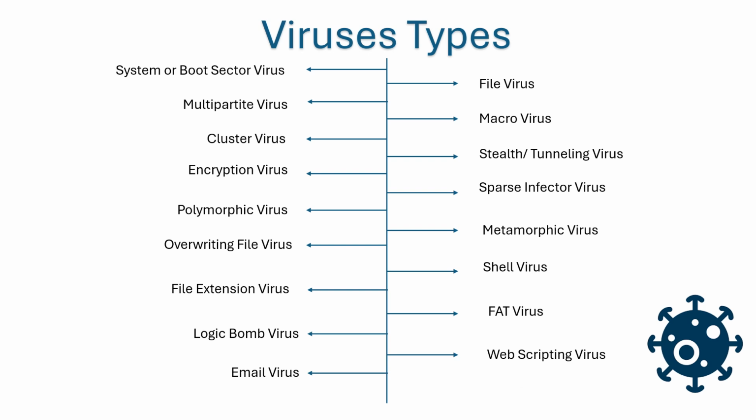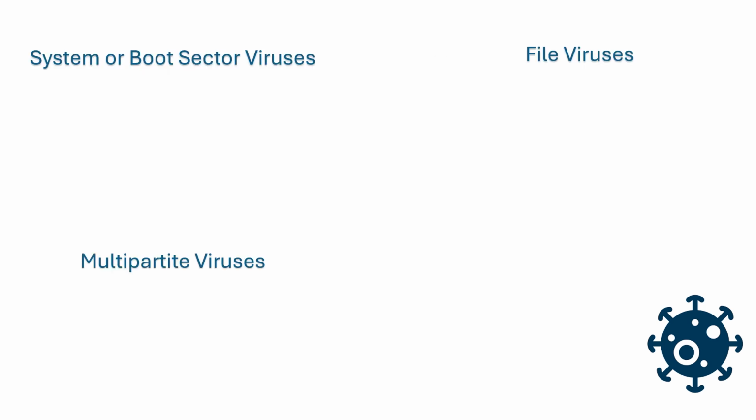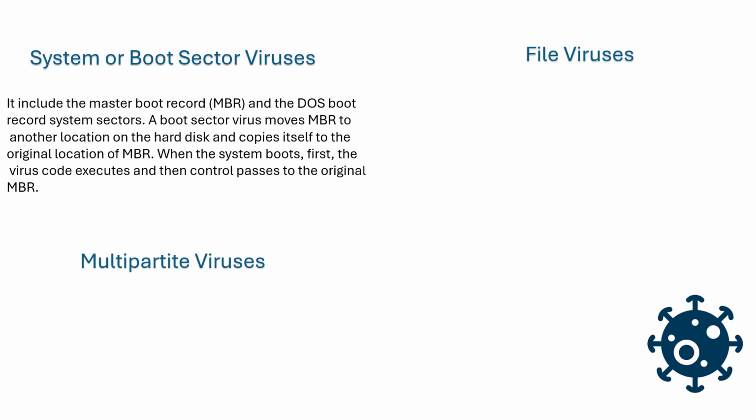sector virus. So the system or boot sector virus includes the MBR and DOS boot record system sectors. It is related to specific boot records, like the master boot record and DOS boot records.